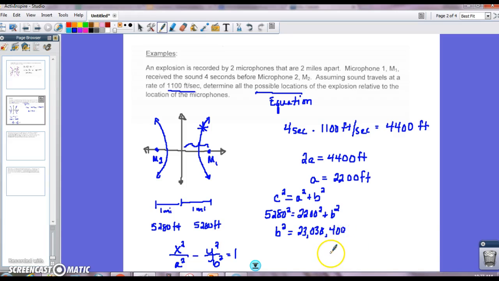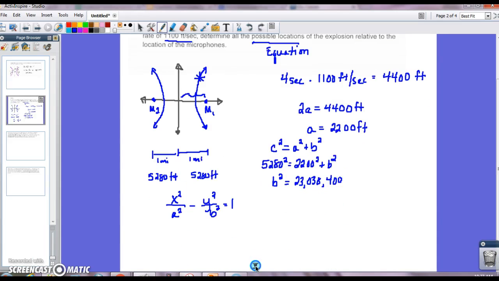So our equation comes out to be x squared over a squared. If I square 2,200, I end up with 4,840,000.